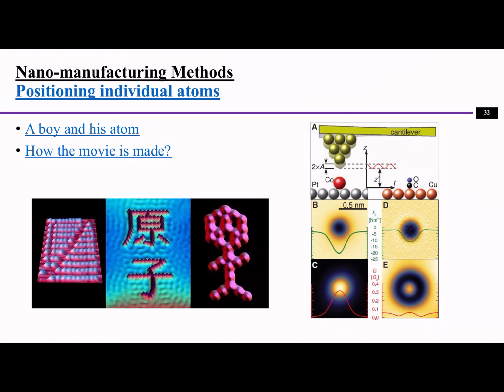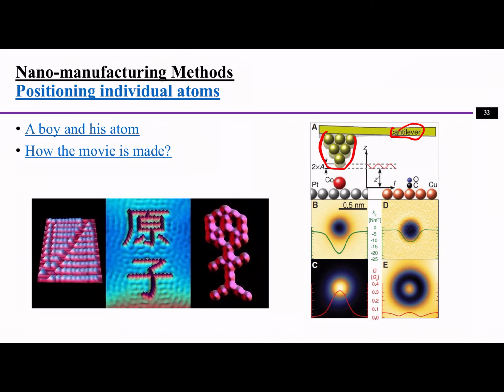And another process for making nano manufacturing products is positioning individual atoms. To position individual atoms, we actually use a cantilever. At the tip, it's kind of similar to a scanning method when we are trying to categorize the image.